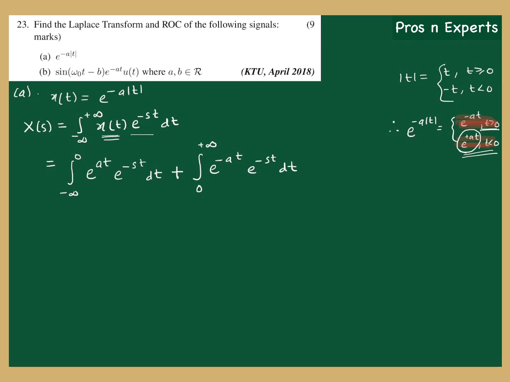Right? Now, this is equal to, I can write it as, e raised to a minus s into t. We can club the exponents together, plus integral 0 to plus infinity e raised to minus of s plus a into t dt. Okay, fine. Now we can find out the integral.